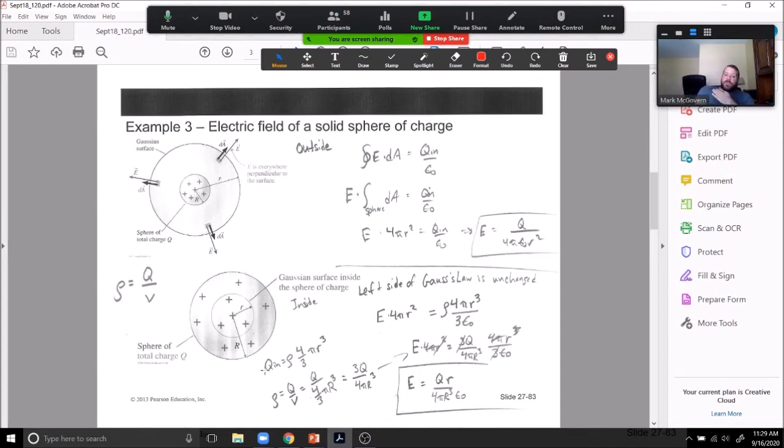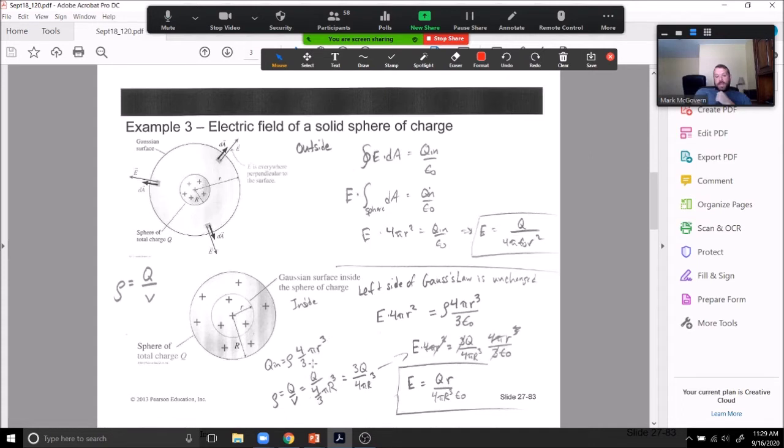Q enclosed is going to be rho, which is our volume charge density, times the volume of the Gaussian sphere. So that's the definition of rho in this context: charge over volume. So Q enclosed is rho times 4/3 pi r cubed.